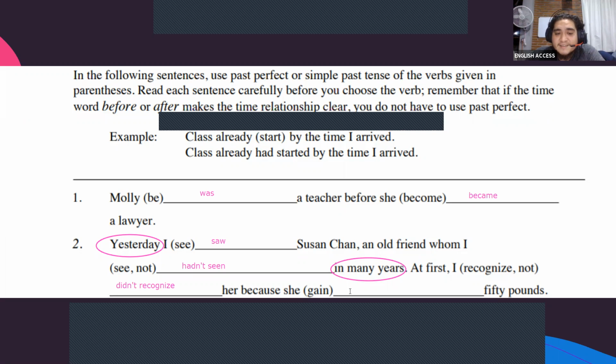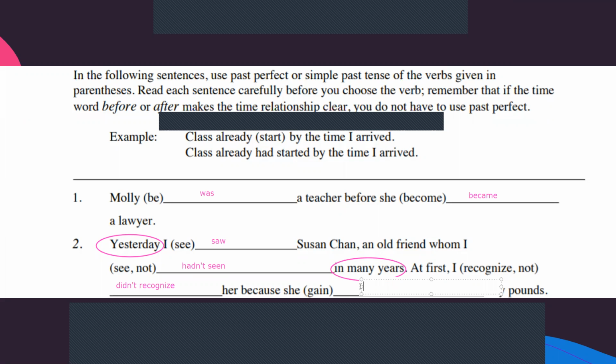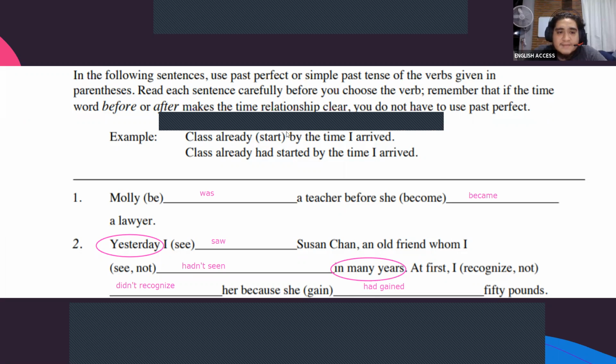because she had gained 50 pounds. Okay, now we know, because we have here an action that happened before this one.